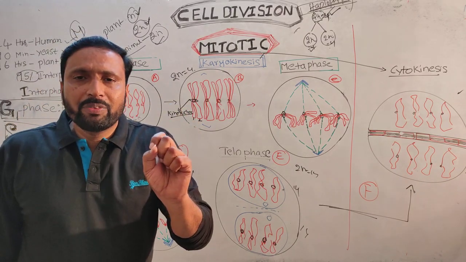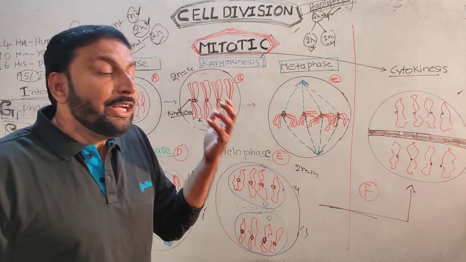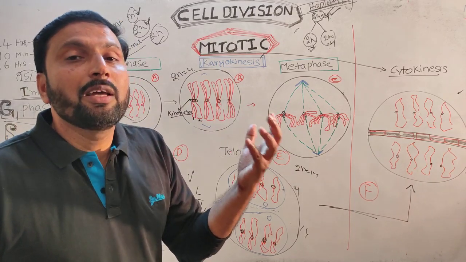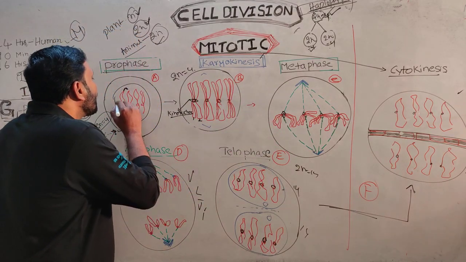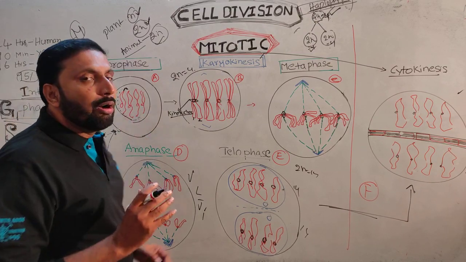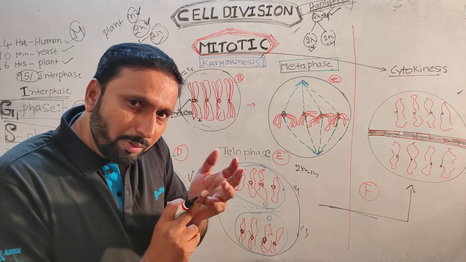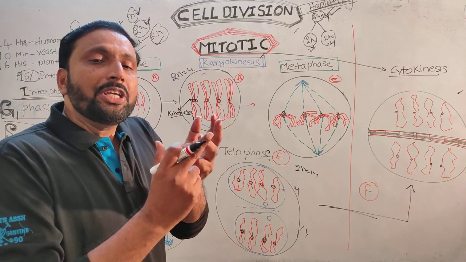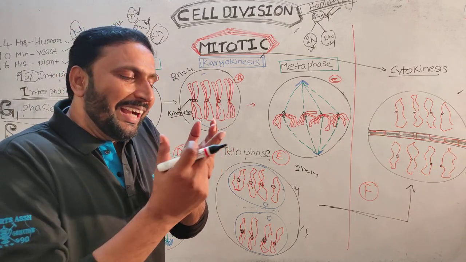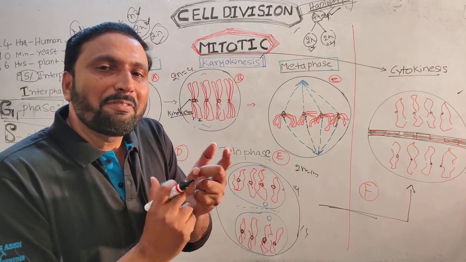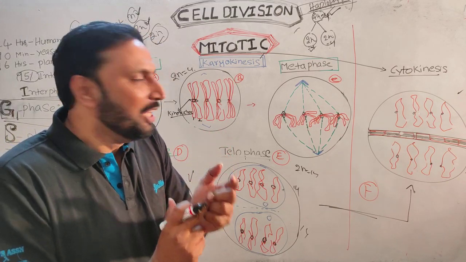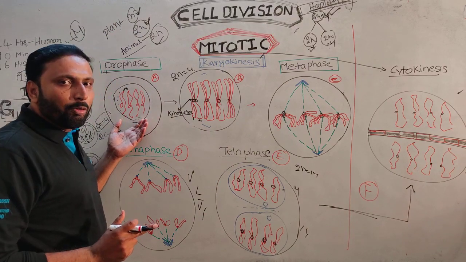Not only that, there is initiation of formation of spindle fibers. These spindle fibers are formed by the fusion of microtubules. So initiation of spindle fibers, initiation of centriole movement, and initiation of condensation of chromatin material take place in the early prophase.